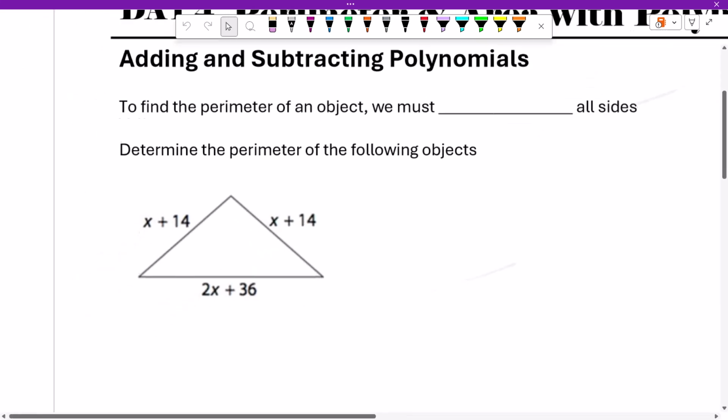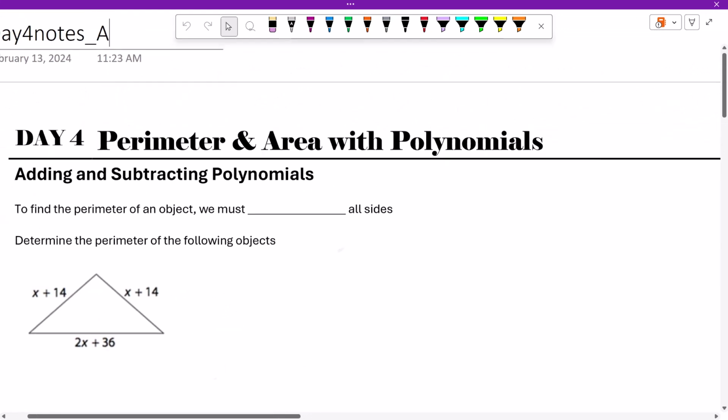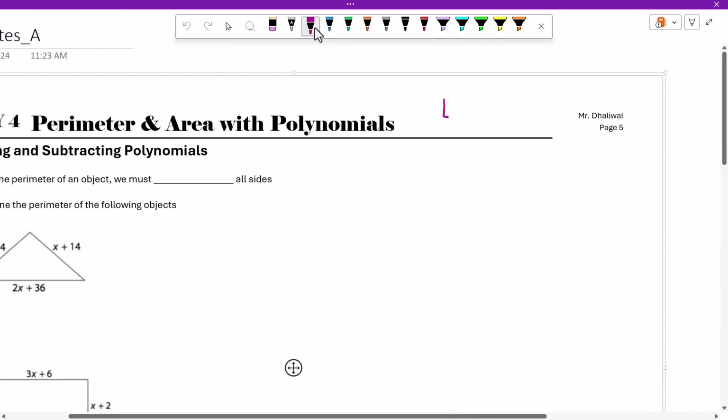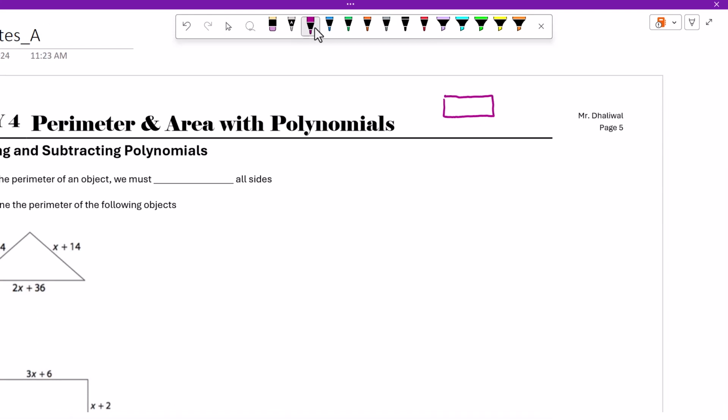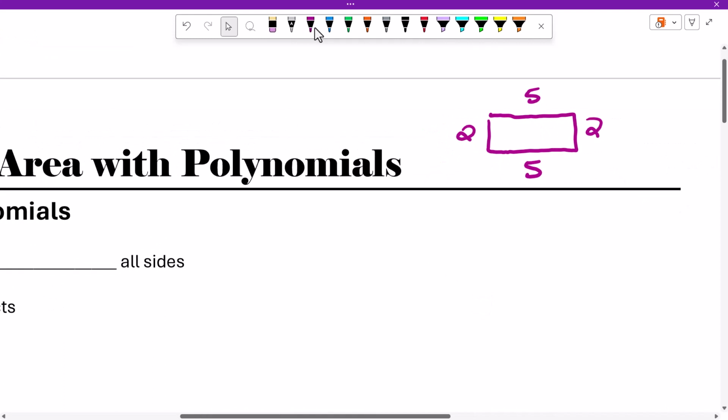So, the perimeter of a shape. If I gave you a shape like this in grade 8, a rectangle, and I said this is 5 and this is 2, and I asked you to find the perimeter of this shape, what would you do?